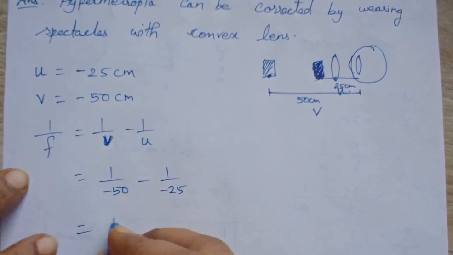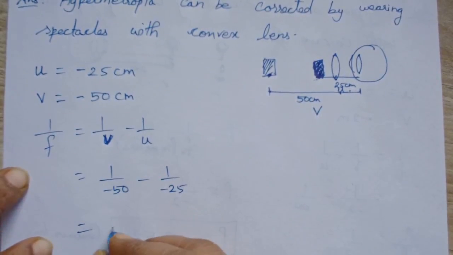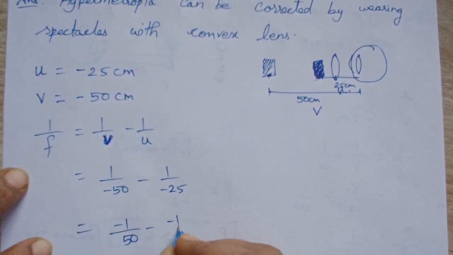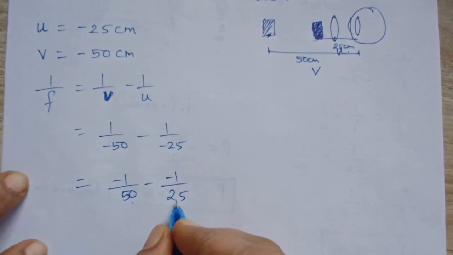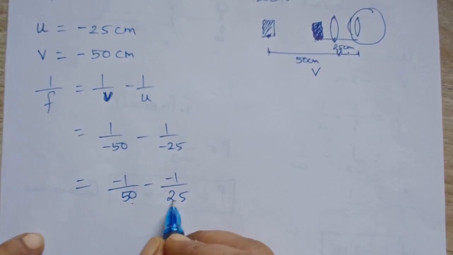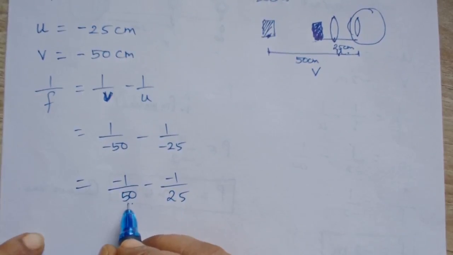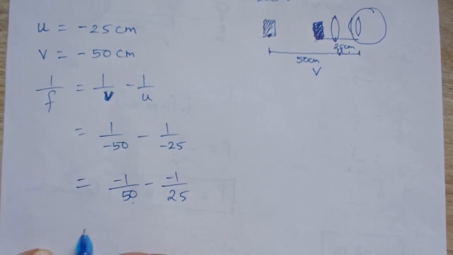The negative sign should not be in the denominator, so it becomes minus 1 by 50 minus 1 by 25. What is the LCM of 50 and 25? If one of the numbers is a multiple of the other, then the bigger number is your LCM. 25 into 2 is 50, so 50 is your LCM.